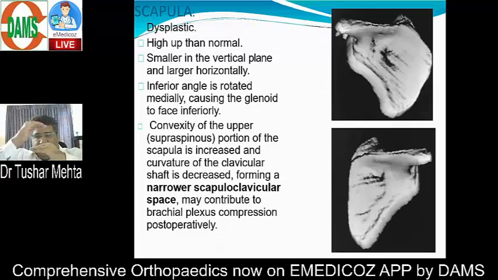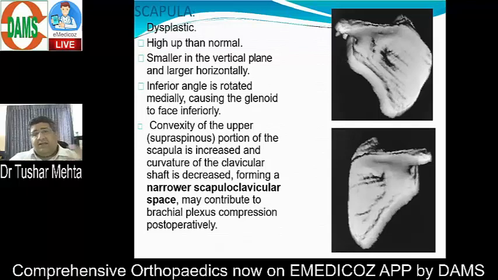The scapula will be compressed vertically and expanded horizontally. फैल जाती है थोड़ी सी, लंबाई कम हो जाएगी और चौड़ी ज़्यादा हो जाएगी. Now, I would like to say that it becomes more like an equilateral triangle, which normally it is not. Okay, so वो ऐसे होने की वजह से और ऐसे होने की वजह से, it more or less looks like an equilateral triangle. So the scapula is hypoplastic, expanded more horizontally than vertically.